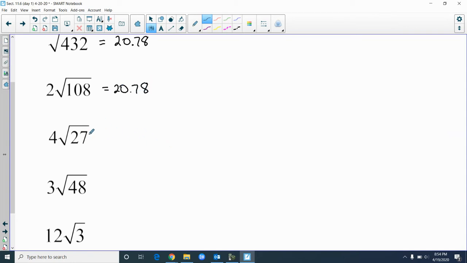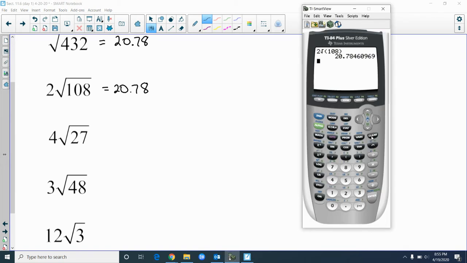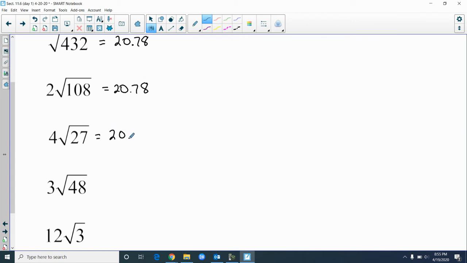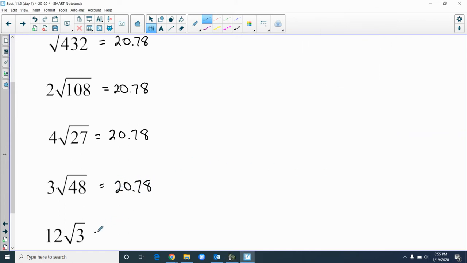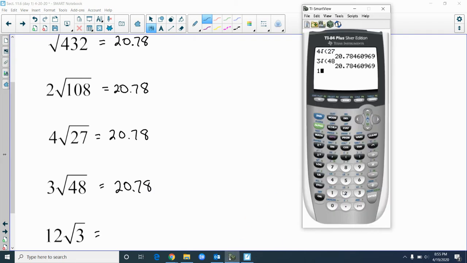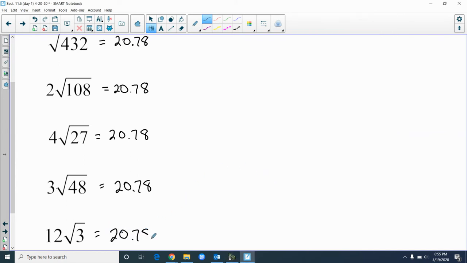All right, plug in 4 square root of 27, plug in 3 square root of 48, and plug in 12 square root of 3. 4 square root of 27, same thing, 20.78. 3 square root of 48, 20.78. And let's see if you can guess what 12 square root of 3 is. That will be 20.78.